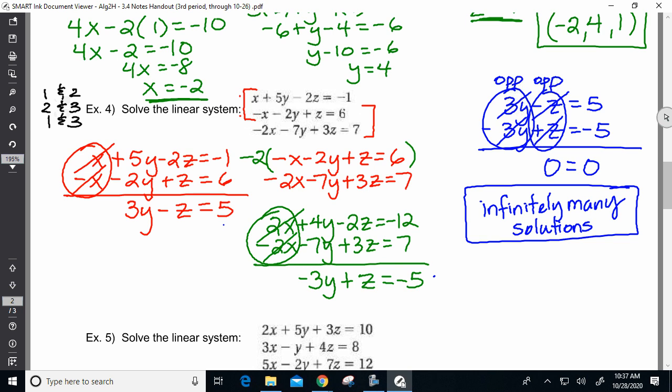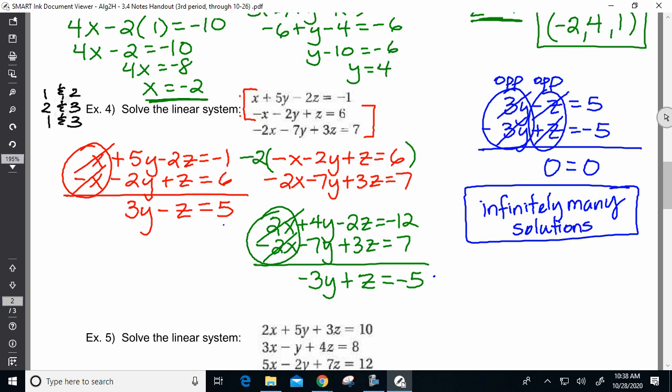So that means if infinitely many solutions can exist, no solution can also exist. So if you find that happens, don't be scared of it. It just is what it is. Any questions with example 4? Well, for an explanation, it has to be the same number on the left side and right side equal to each other. That is correct.